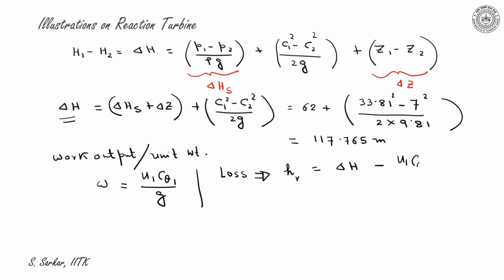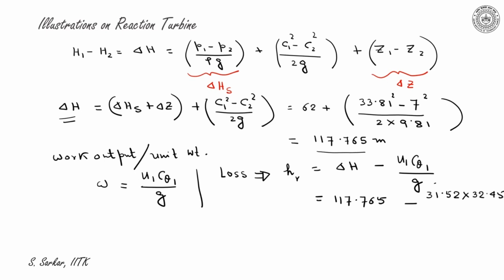If you do all the calculation, you will get 13.5 meter. Thus, I got another answer: the head loss within the runner is 13.5 meter. This is the third answer, and with this, I have solved the problem.